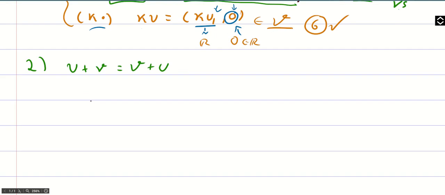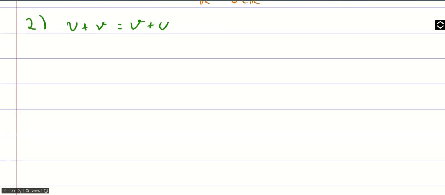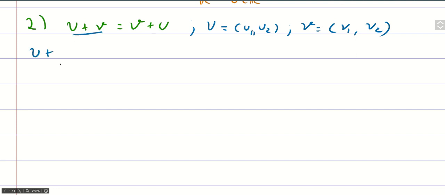So let's keep going. Now we need to prove the commutativity of the summation. So here I'm going to define u as before: u is going to be (u1, u2), and v is going to be (v1, v2). So the left hand side of this equality is u plus v.